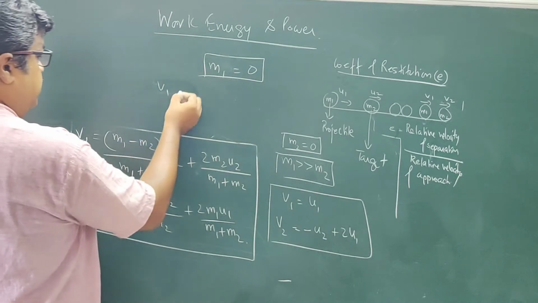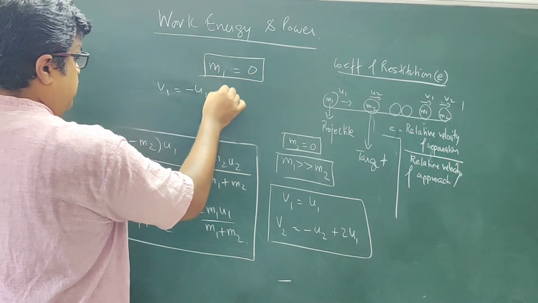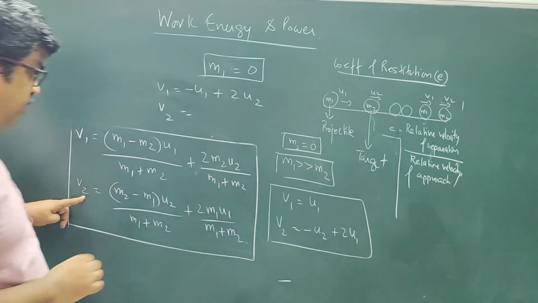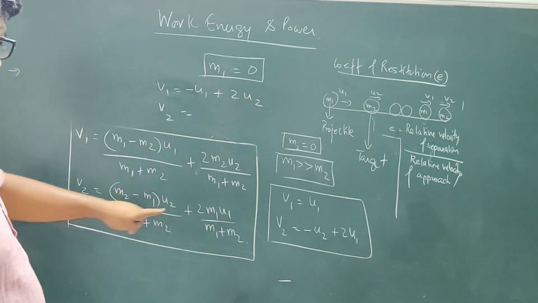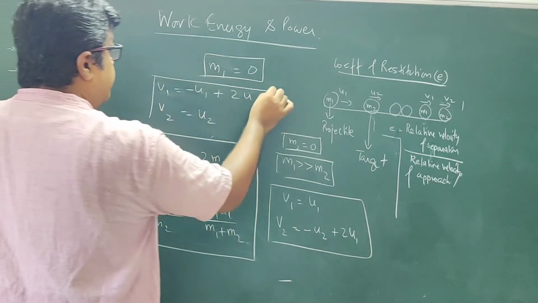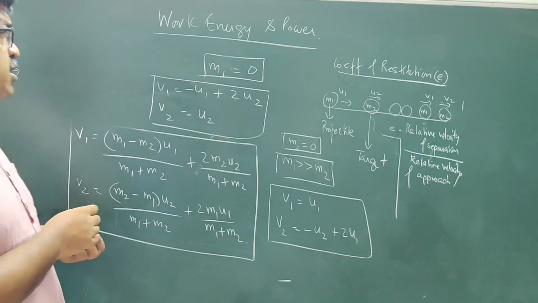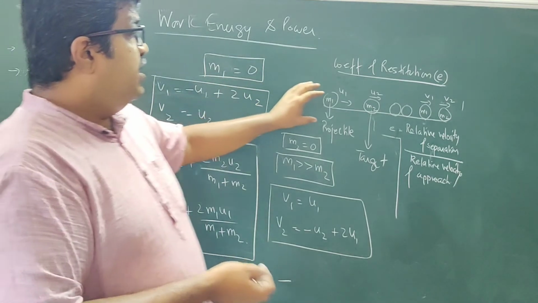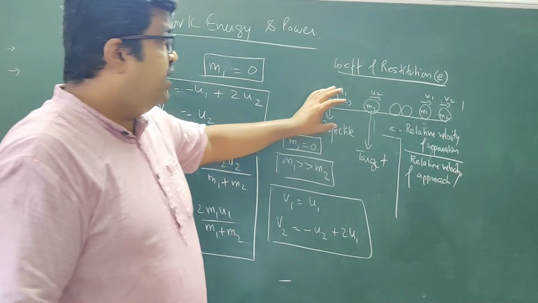So V1 becomes minus U1 plus twice U2, and V2 becomes U2, since M1 is 0 and that term goes. These are the velocities V1 and V2 after collision, provided a very light projectile hits a very massive target.